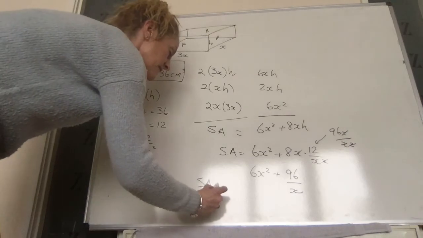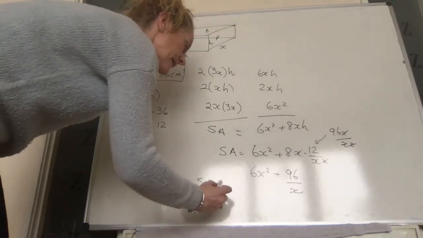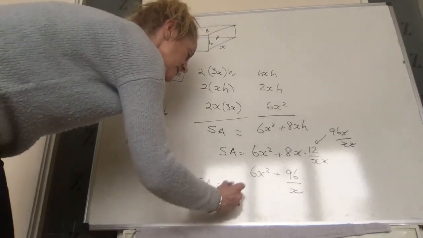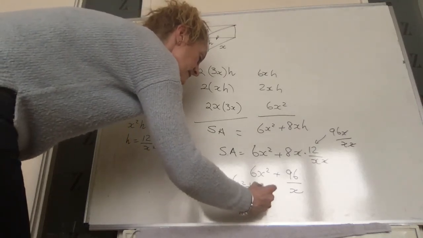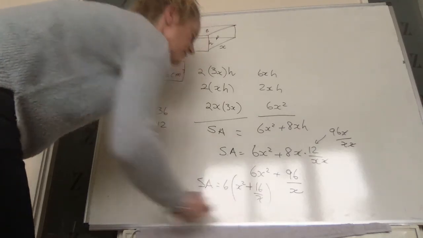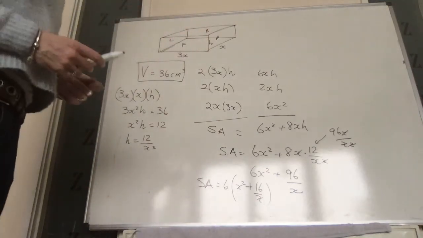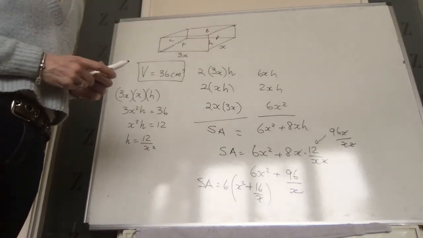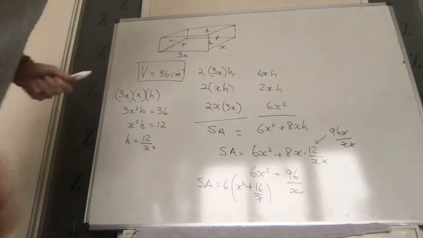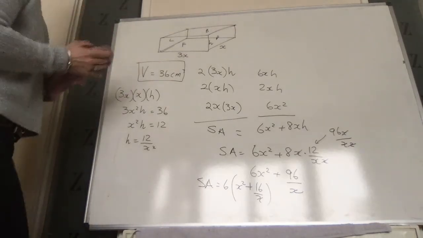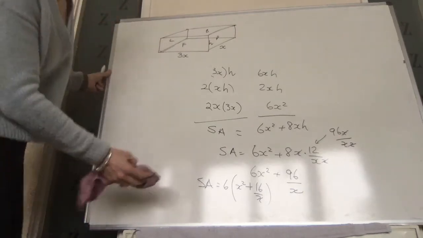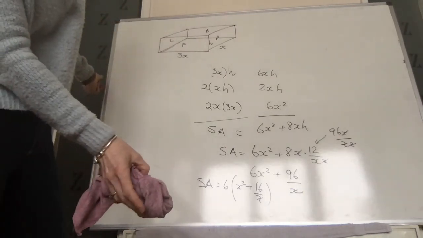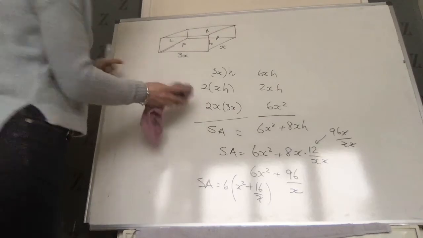So the surface area is equal to, you can put it as 6 times x squared plus 16 over x if you want. I'm not sure what way they want it. Okay. Now that we've figured out the surface area, they want us to find the dimensions of the box with the least surface area.